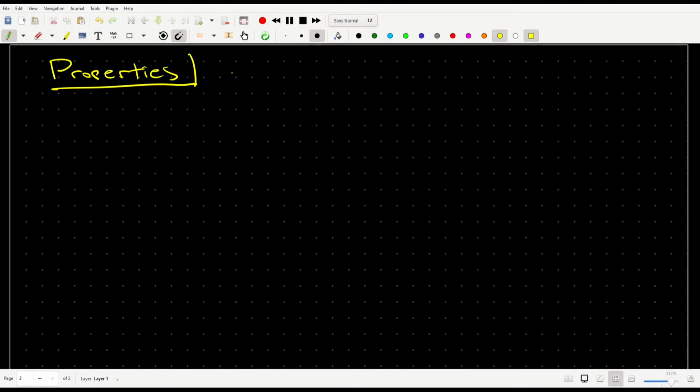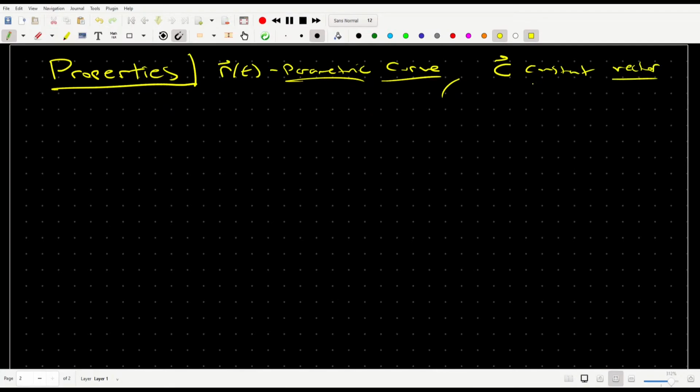So in the following, we're going to assume that r of t is our parametric curve. C is a constant vector. We're going to take the function w of t to be some general function of t.